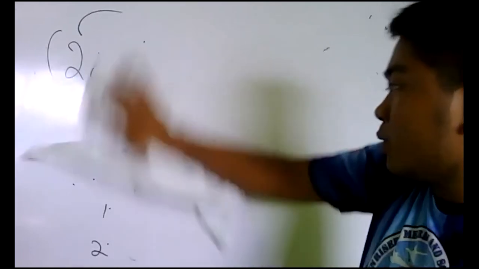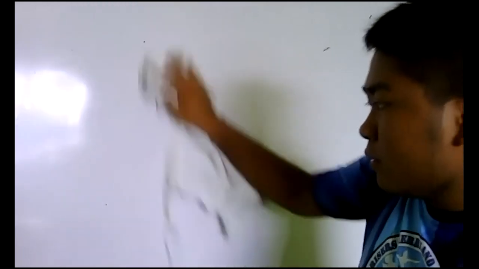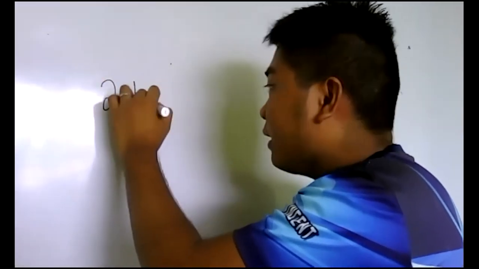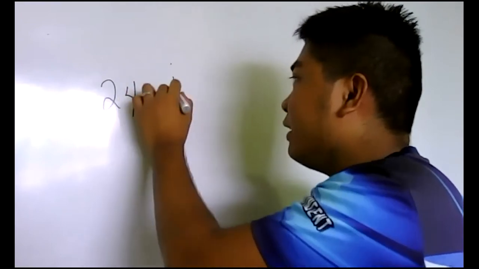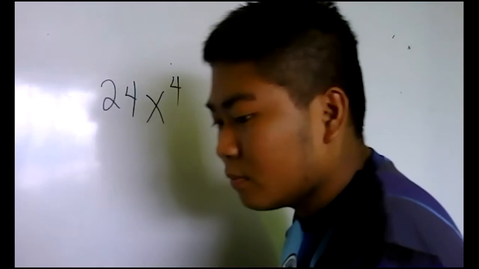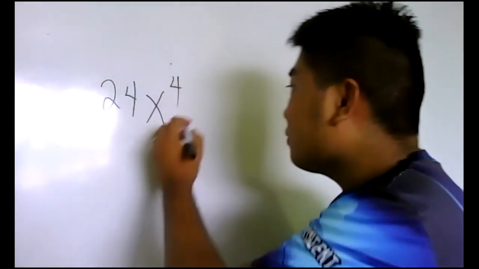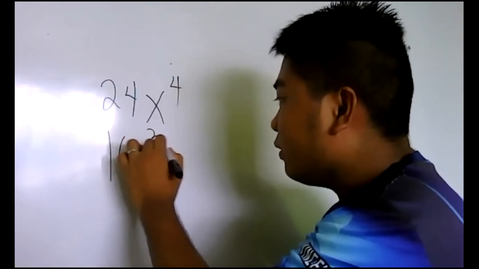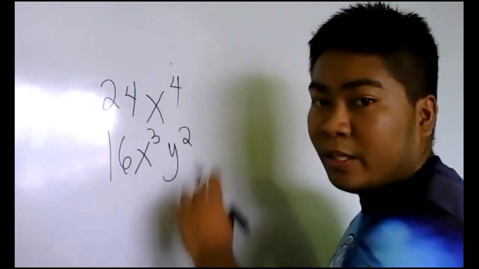And so let's go now to factoring with a common factor. So let's try to have this: 24x raised to 4 and 16x cubed y squared.